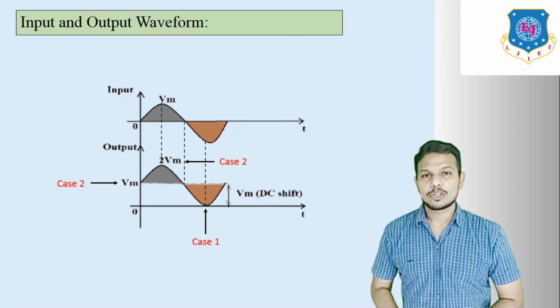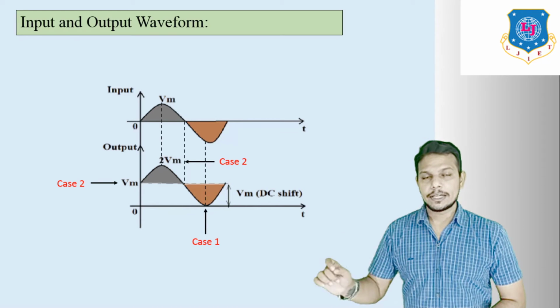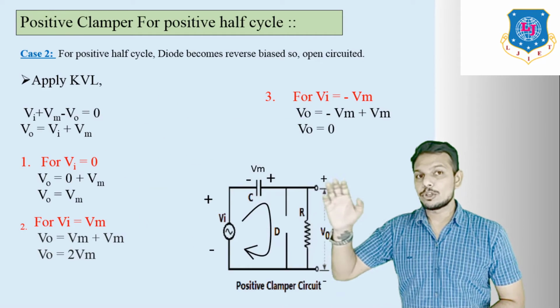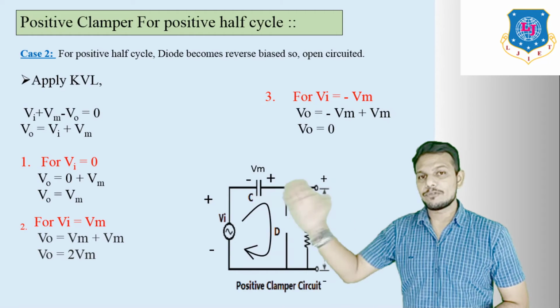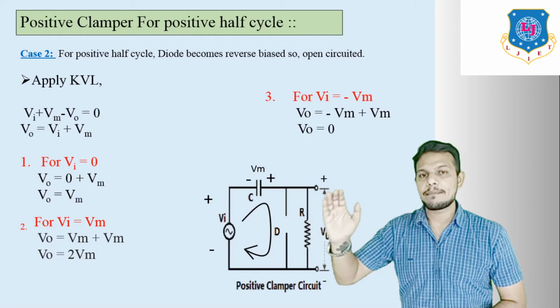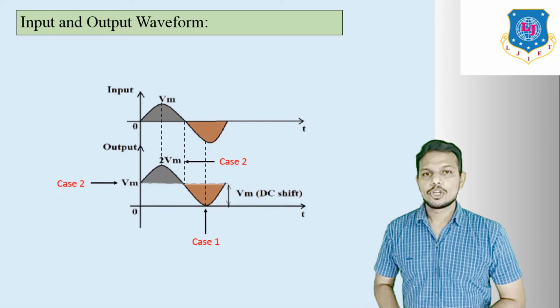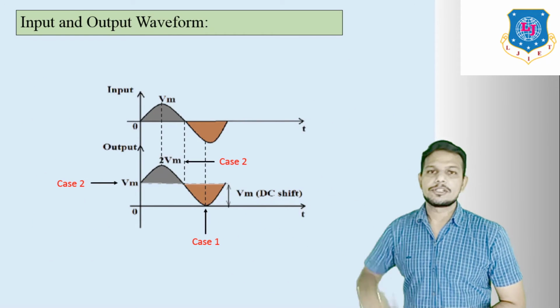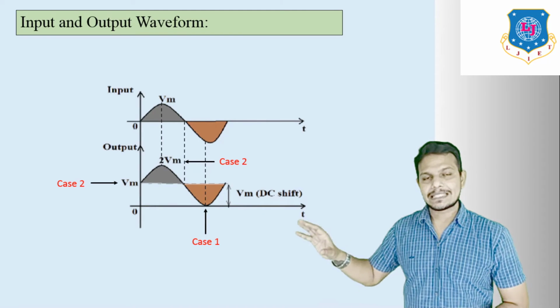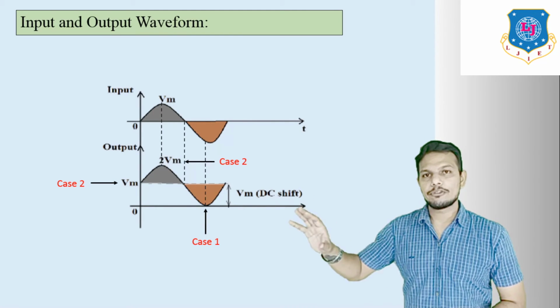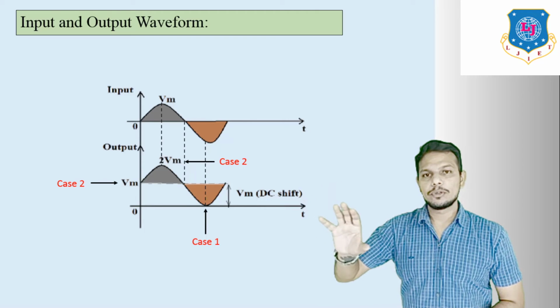Why 0? Because here we can see Vi is equal to minus Vm. At this time Vo is equal to minus Vm plus Vm, and then it becomes Vo is equal to 0. So your output voltage becomes 0. Like this we will get the waveform of input and output of the clamper.